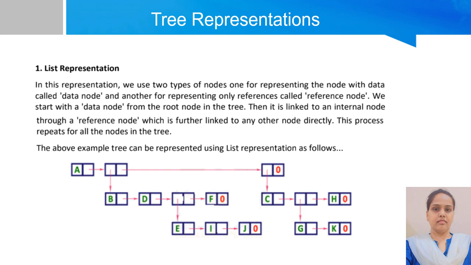As you see, we use two types of node, one for representing the node with the data, called a data node, and another for representing only reference, called a reference node. We start with a data node from the root node in the tree. Then it is linked with the internal node through the reference node, which is further linked to any other node directly. And this process repeats for all nodes in a tree.